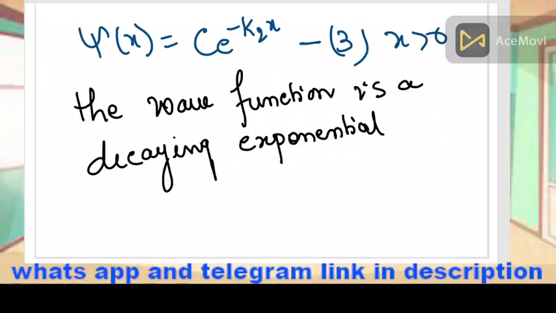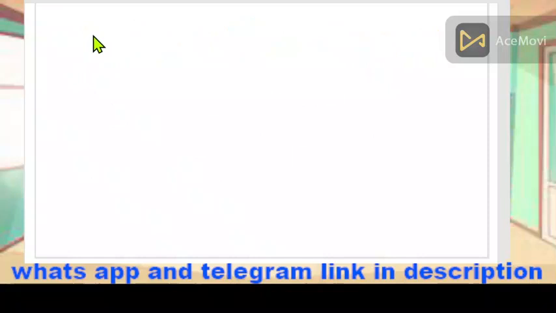In the region x greater than 0, which is the region we are interested in, we have a solution of the time independent Schrodinger equation, and it shows that there will be a wave function in the x greater than 0 region which is exponentially decreasing.